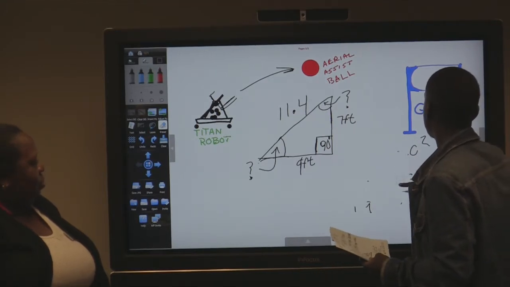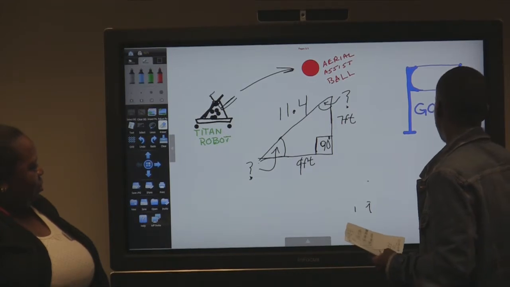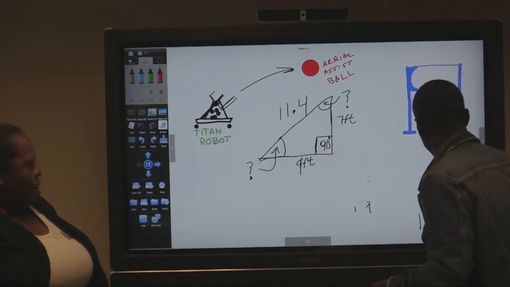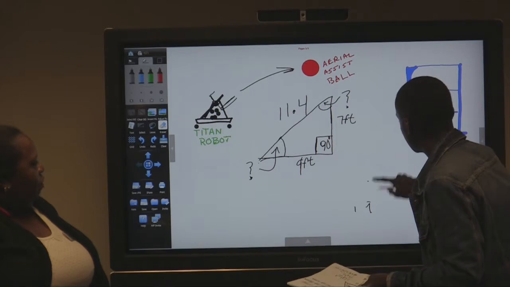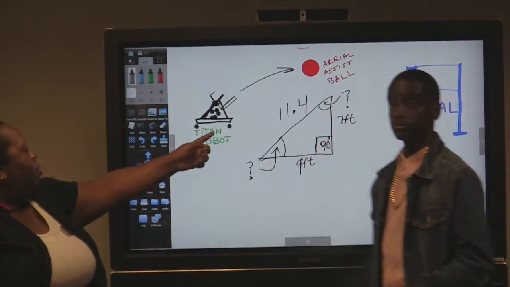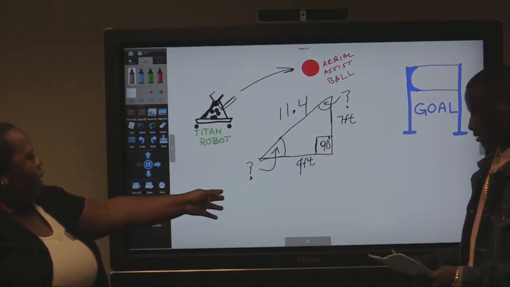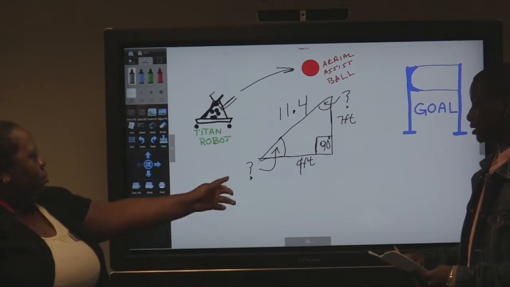To find an angle, we would do the inverse of SOHCAHTOA. You use the inverse of tan to find the angles. Since we know the side opposite, we can say the inverse tan of 7 divided by 9, and we compute the angle.